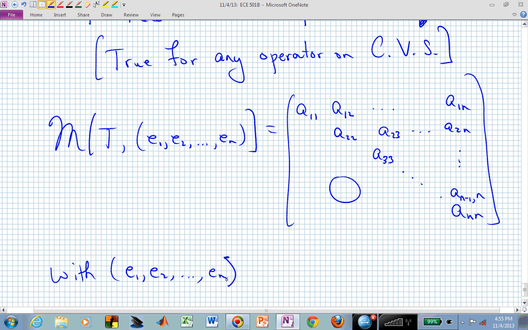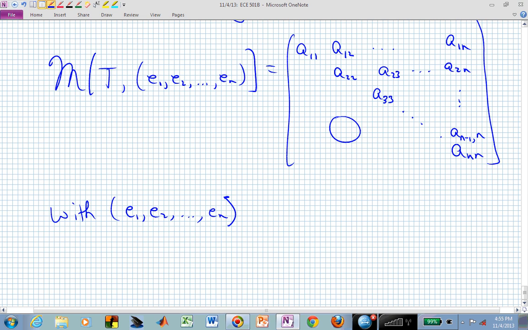But we know that that basis is orthonormal. If we had just a set of vectors, we could orthonormalize that because now we're on a complex inner product space, and Gram-Schmidt allows us to find these orthonormal vectors, E1 through E sub n.